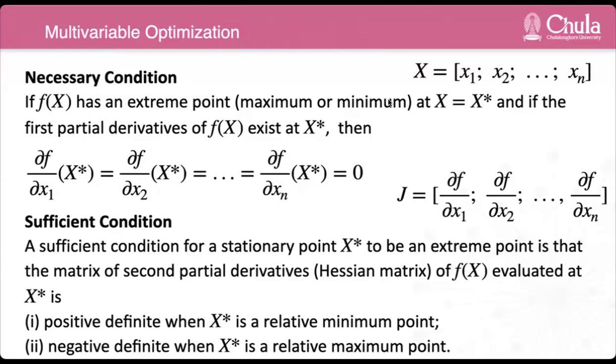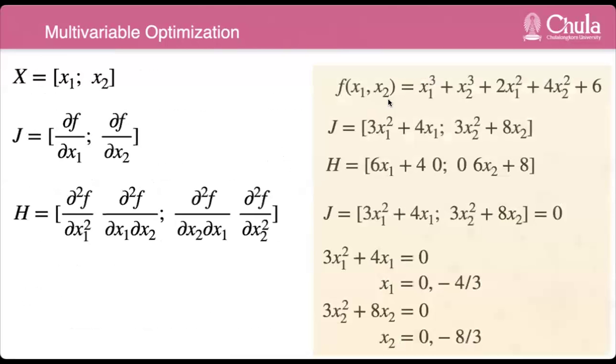So now you have to learn the Hessian matrix, and also positive definite and negative definite. I will tell you briefly about the Hessian matrix first, and then positive definite and negative definite. If you want to learn more, next semester there's a course on advanced mathematics.